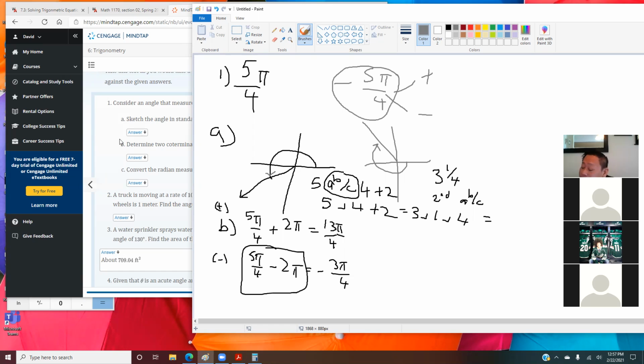Is the Texas Instruments 30X good? Yep, that is scientific. If you don't know whether you have a scientific calculator or not, just enable your webcam and show it to me. David, is this scientific? Usually a scientific calculator is like this. You can tell, and with a graphing calculator, you can tell by the price also.